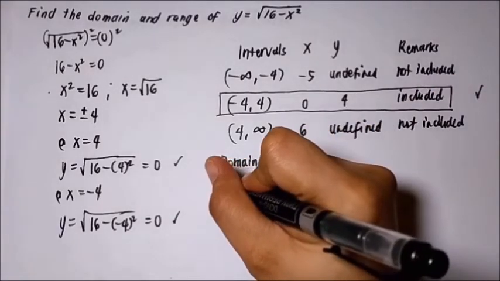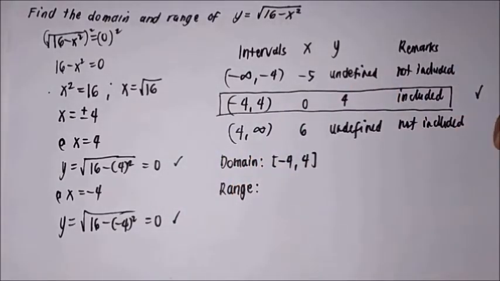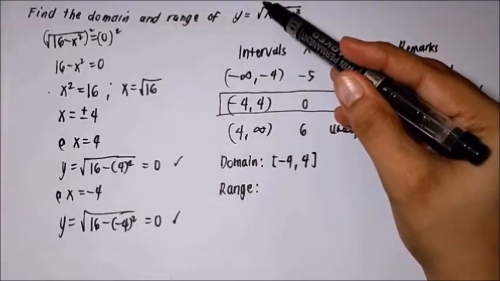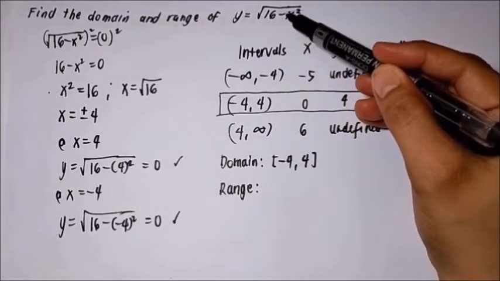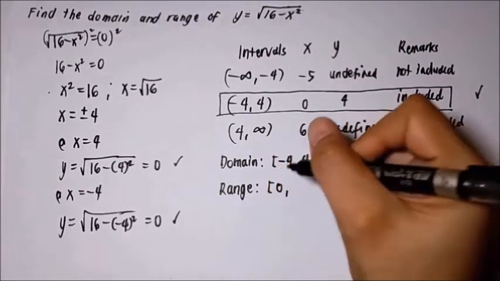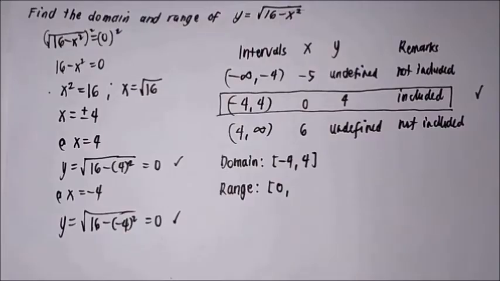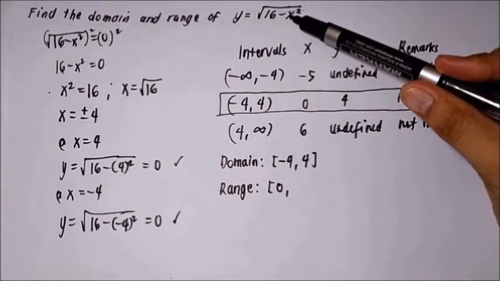Okay, so how about the range? If you're going to have this one, what would be the range now? Since it is a square root, if we're going to use 4 here, we'll be having 0. And 0 is included. Let's say we use negative 3.